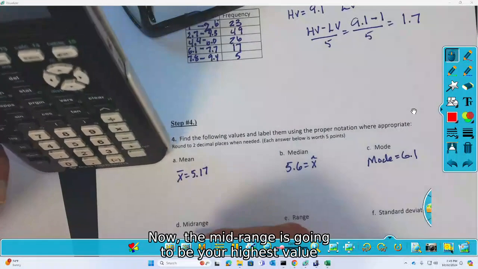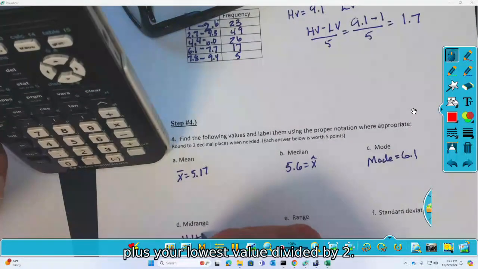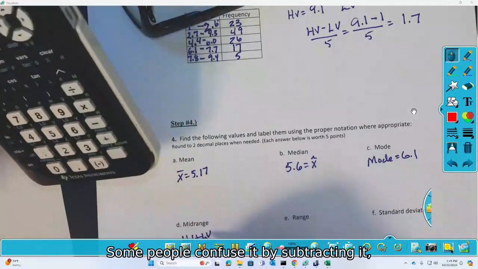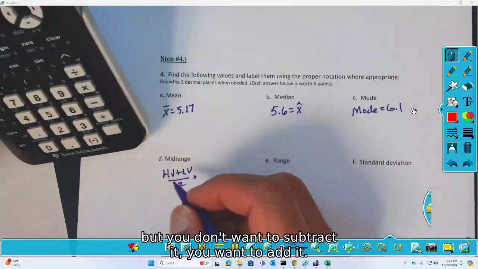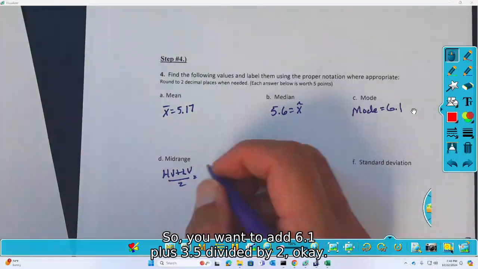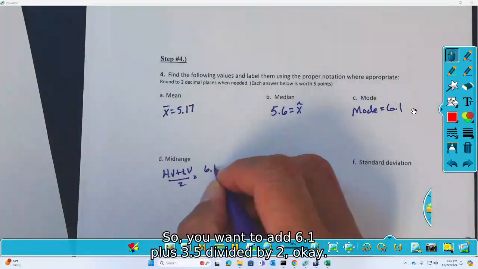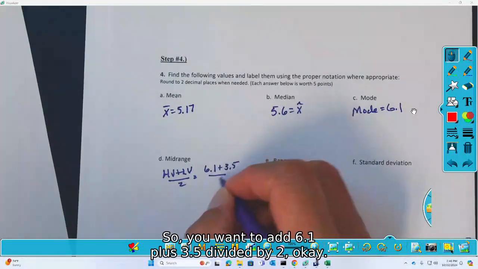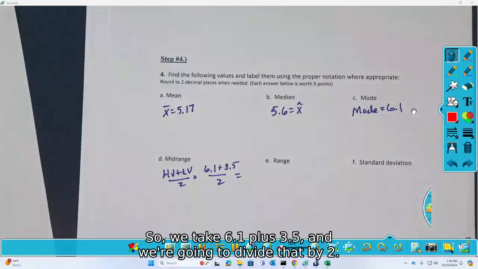Now the mid-range is going to be your highest value plus your lowest value divided by 2. Some people confuse it by subtracting, but you don't want to subtract, you want to add. So you want to add 6.1 plus 3.5 divided by 2. Okay, so we take 6.1 plus 3.5, and we divide that by 2.